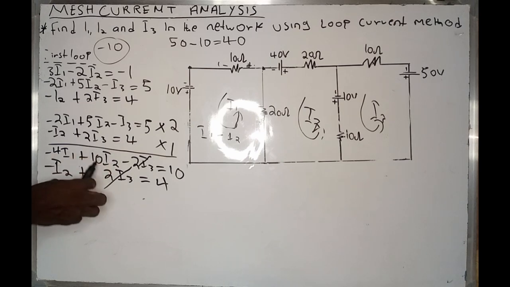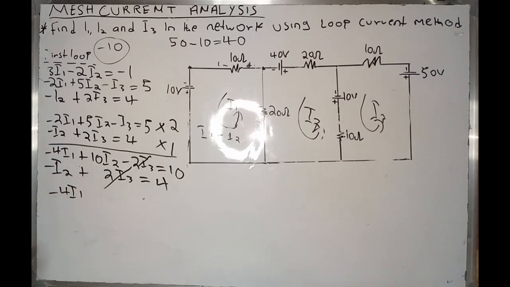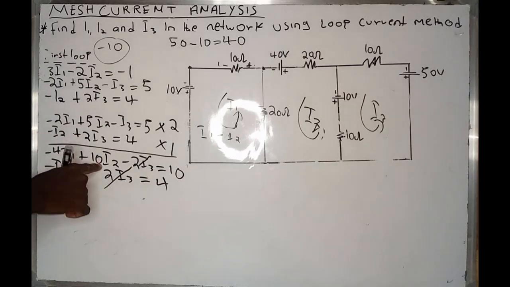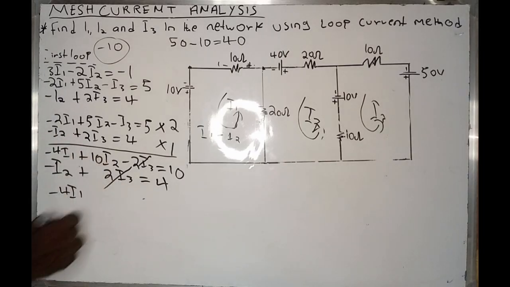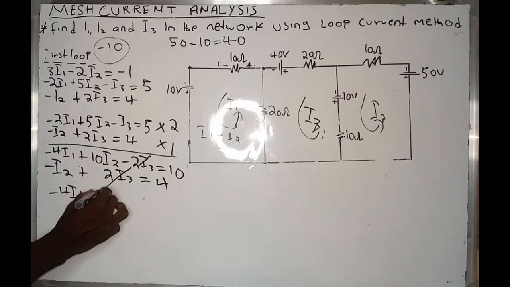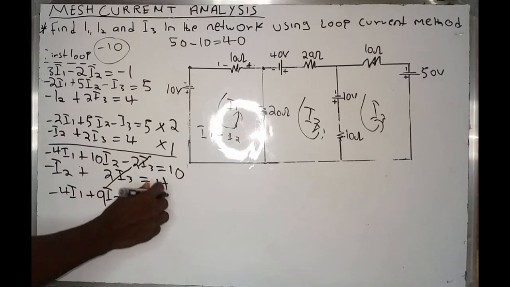Sorry, we are not going to add I1 and minus I2 because they are not like terms. So I will just write this down for I1, and for I2, 10 minus 1, I'm having 9. So plus 9I2, which is equal to 10 plus 4, which is 14.